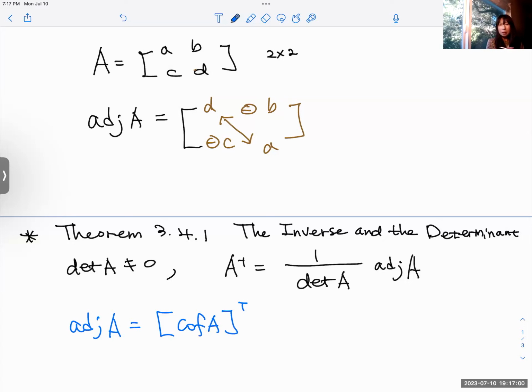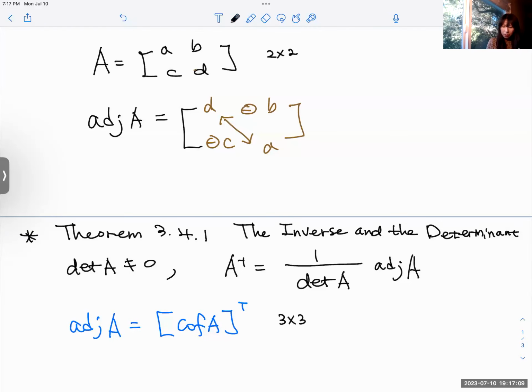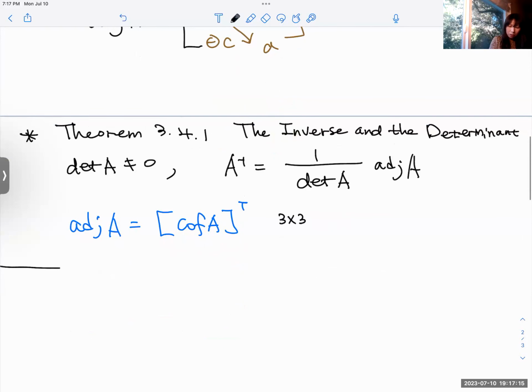All right. So that was for 2 by 2. In the case of more than 2 by 2, so 3 by 3, we can use that. So let us do an example.